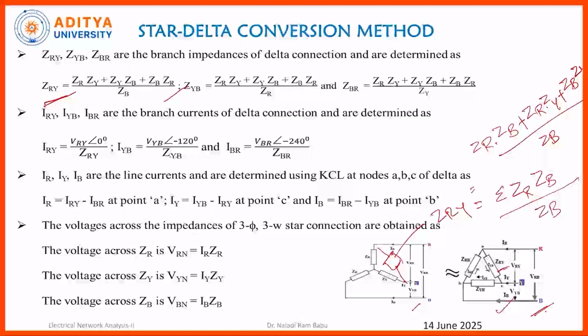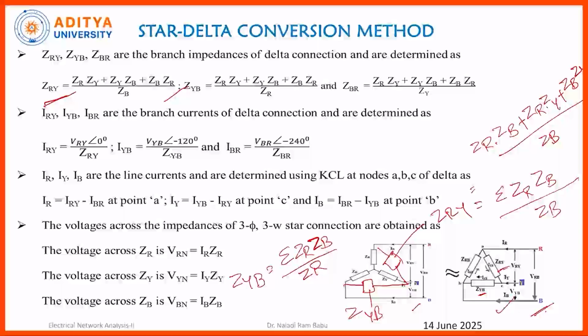Now I am going for ZYB. In a similar manner, ZYB is equal to the same numerator, the sum of ZR into ZB, ZR into ZY and ZB into ZY, divided by the opposite side impedance, which is ZR.